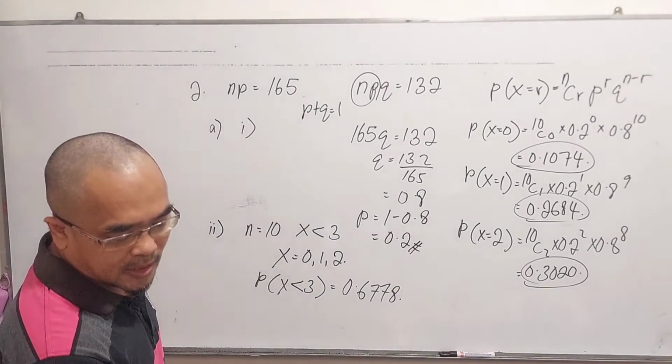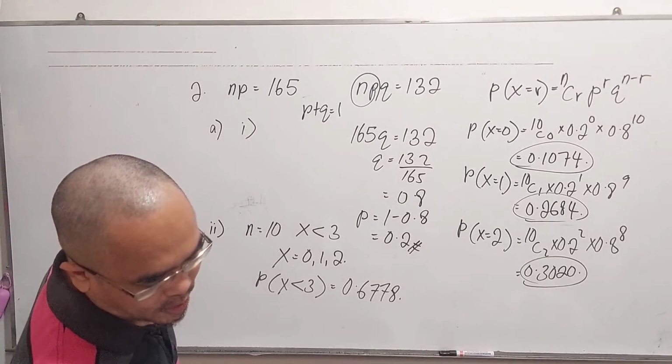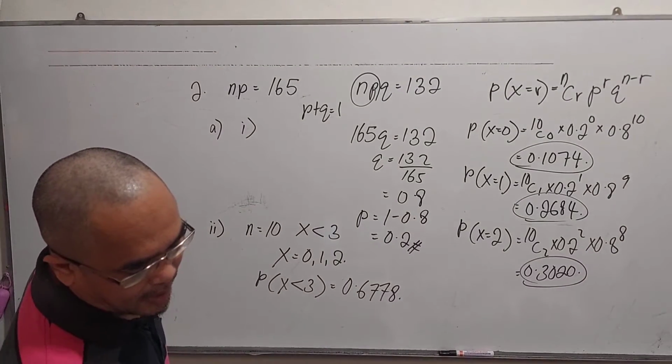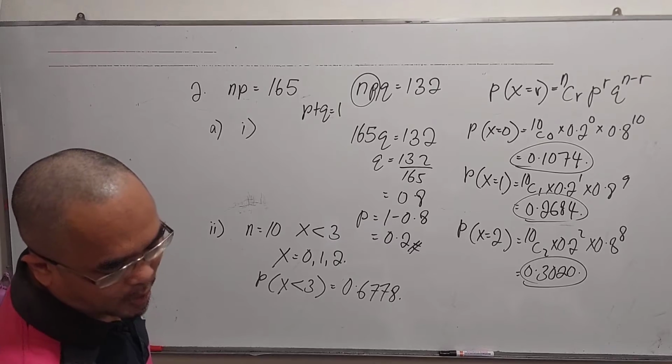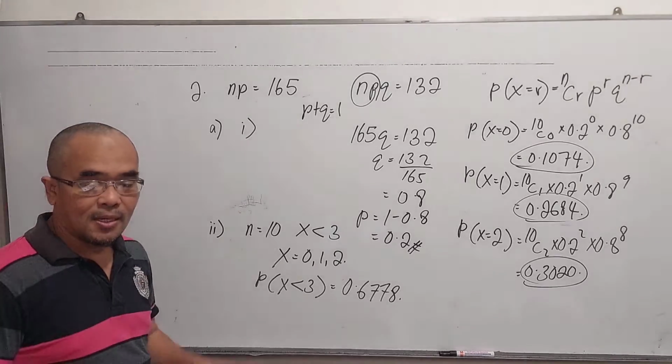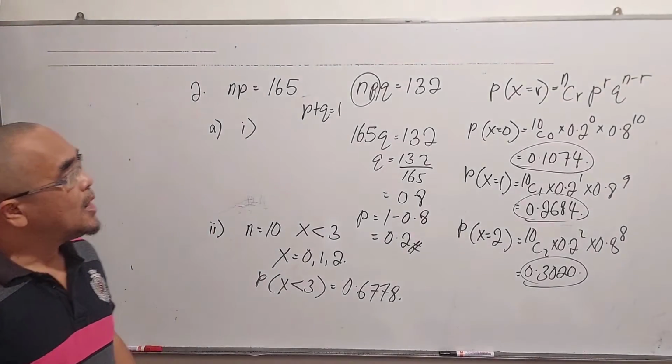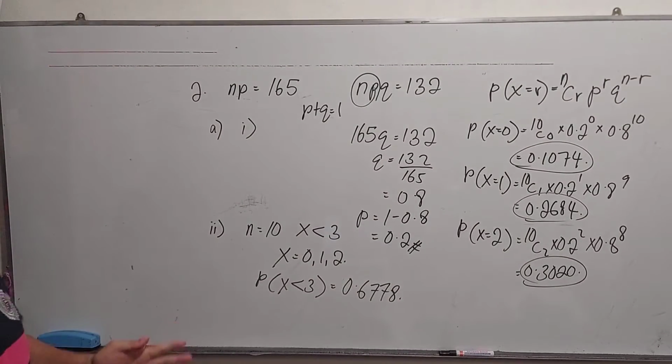Okay, that is our intro for question A. Then I will let you do question B first for 5 minutes before I begin. I'll give you the intro to it.